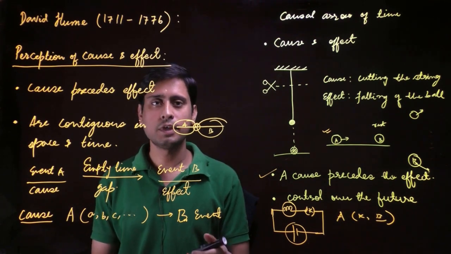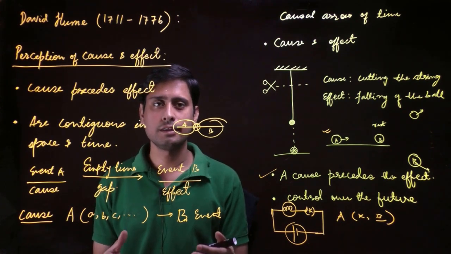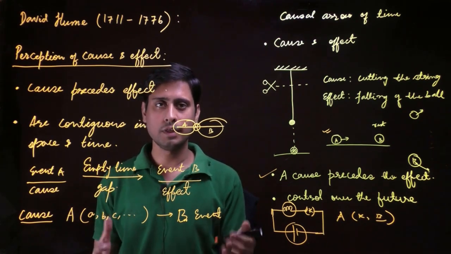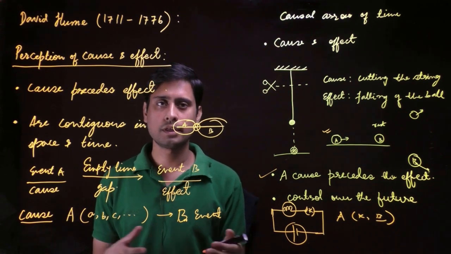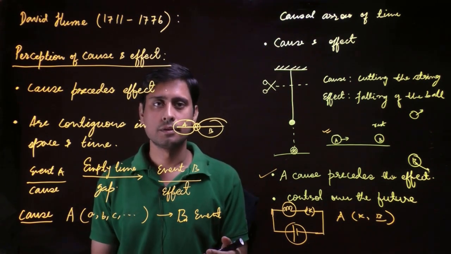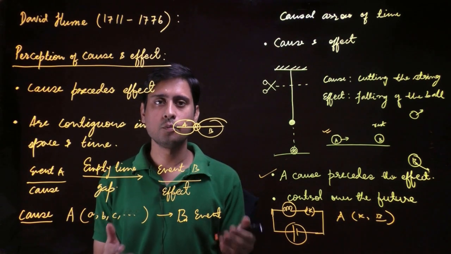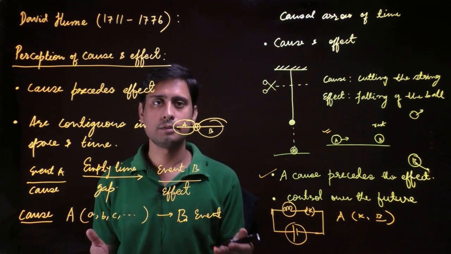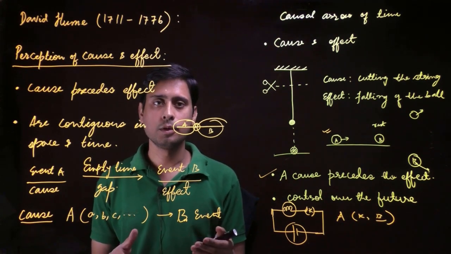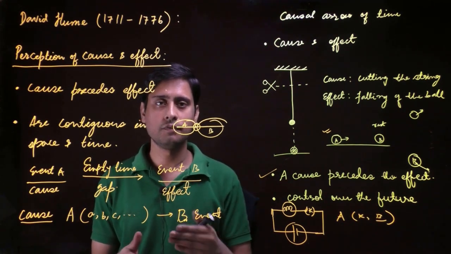So as Hume said in his book A Treatise on Human Nature, there is no necessary connection between the events of cause and effect, or any events, but it's human nature to draw a connection between the events and find some reason between the events.